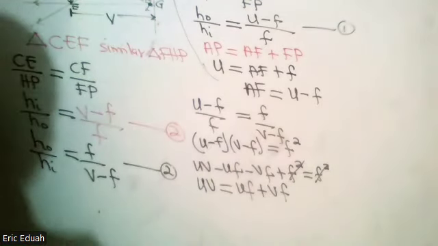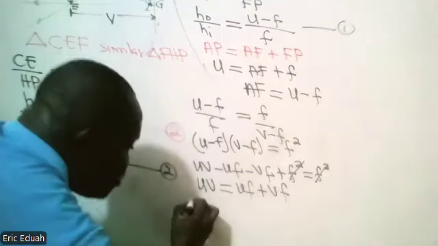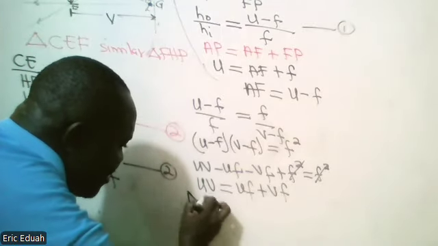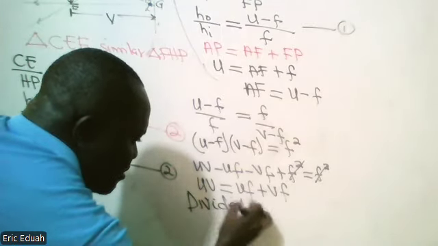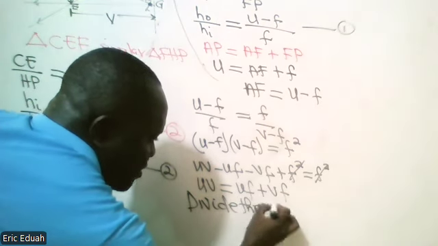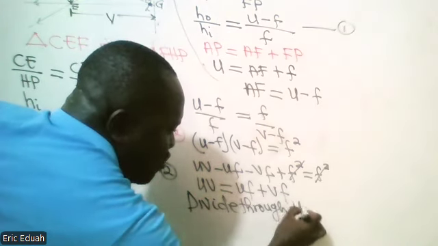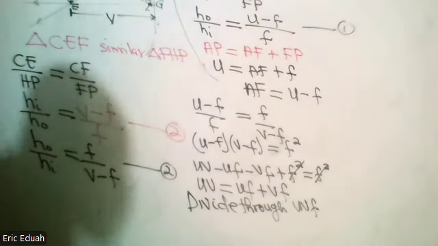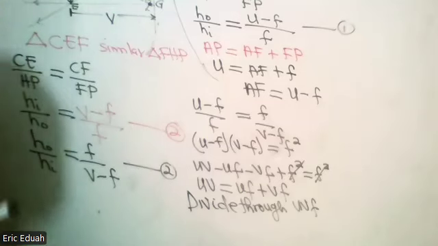Okay. Now we are going to divide each side of the equation by UVF. So we divide through each term by UVF.